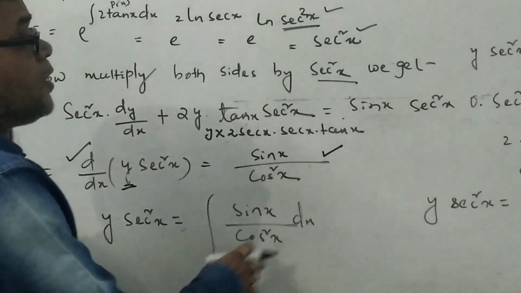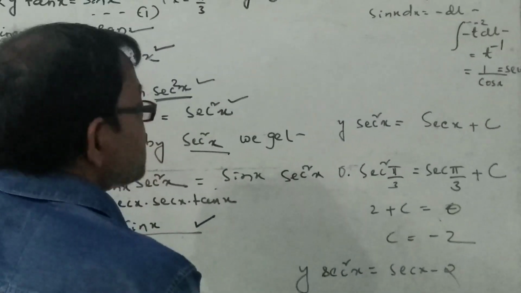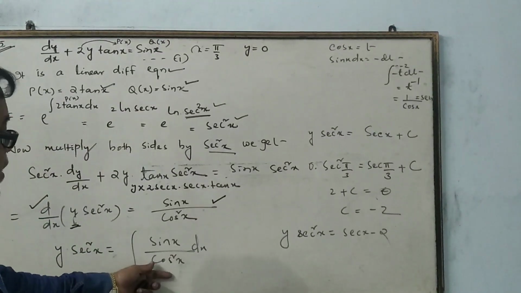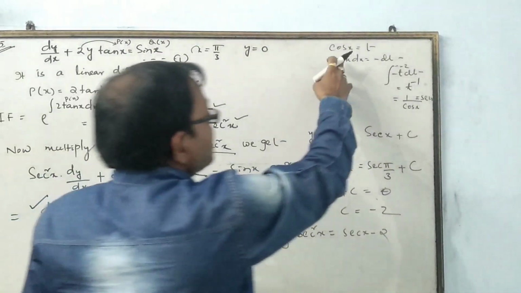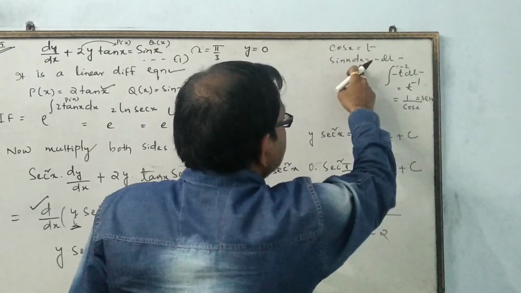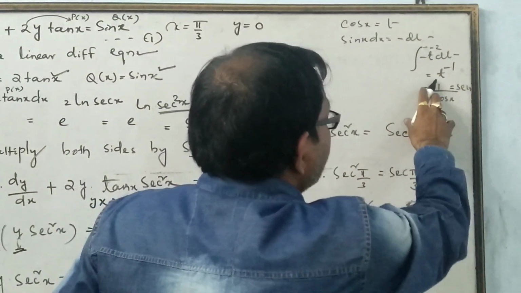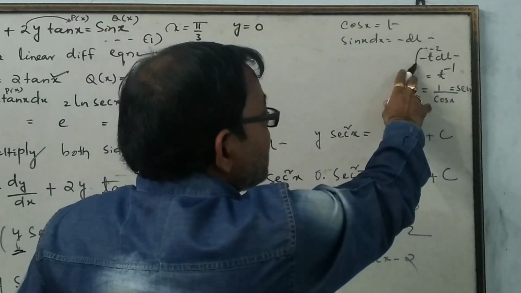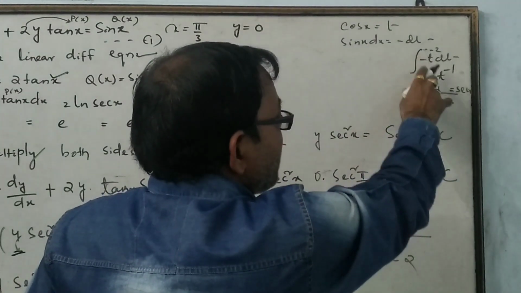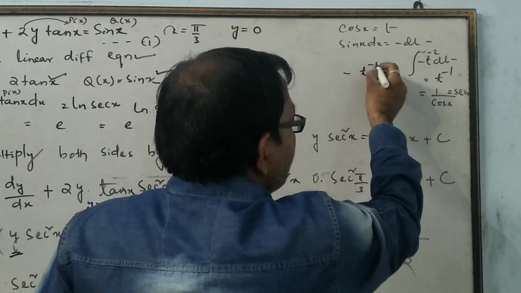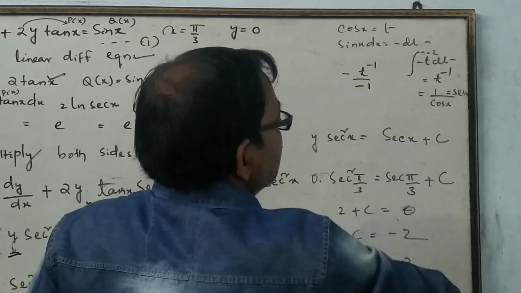Now you have to find the integration of sin x by cos² x. It can be integrated by using the substitution formula. If cos x is taken as t, then sin x dx is minus dt. So this will be minus t to the power minus 2 dt, which is equal to minus of t to the power minus 1 by minus 1.